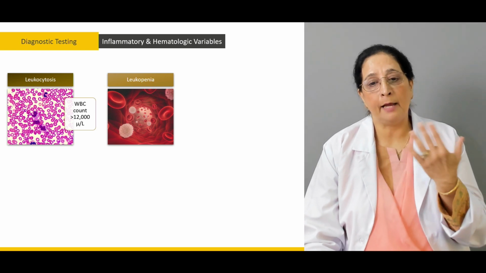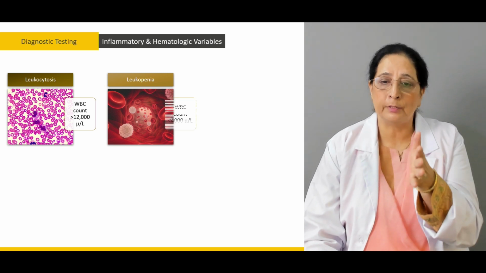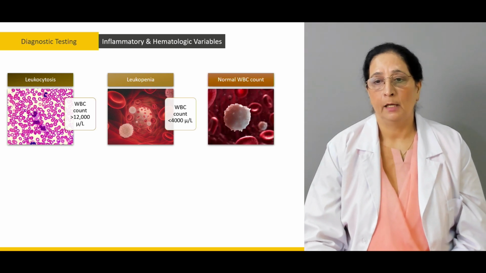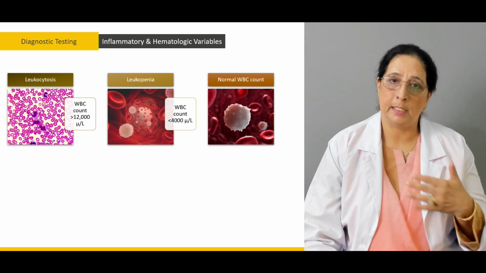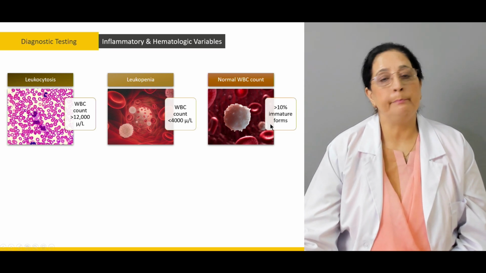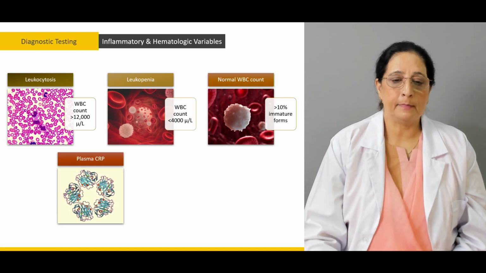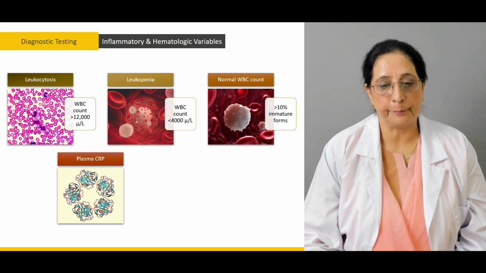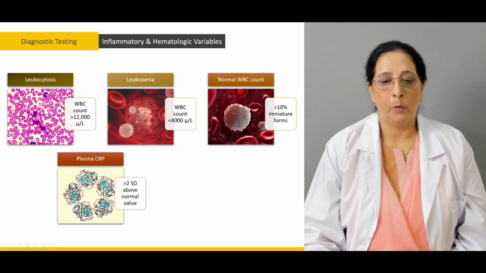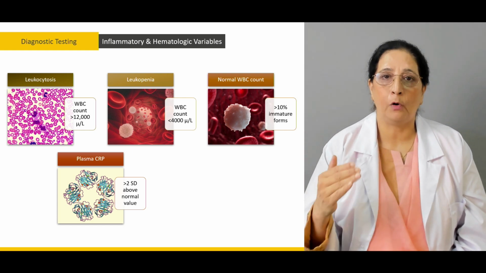Leukopenia. One, we have leukocytosis, and then on the other extreme we have leukopenia also, decreased white blood cells, which is less than 4,000. Another scenario is more than 10% immature forms in a normal white blood cell count. In plasma, we have C-reactive protein, more than 2 standard deviations above the normal value.